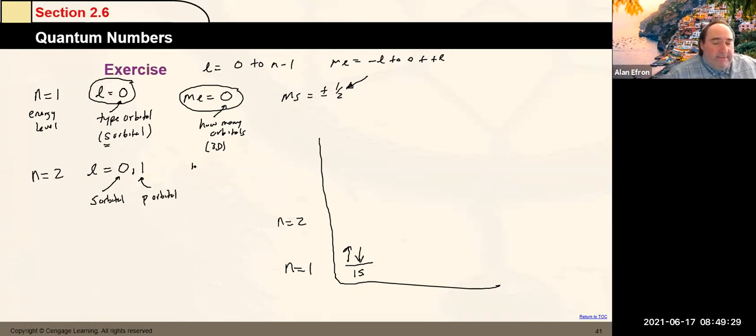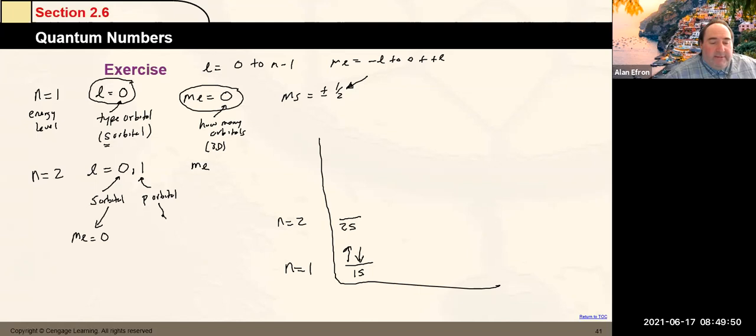When we do m sub L, we could do m sub L for each of these L values. So for our L value of 0, our m sub L would be 0 like we had before, which means we have on the second energy level just one s orbital.